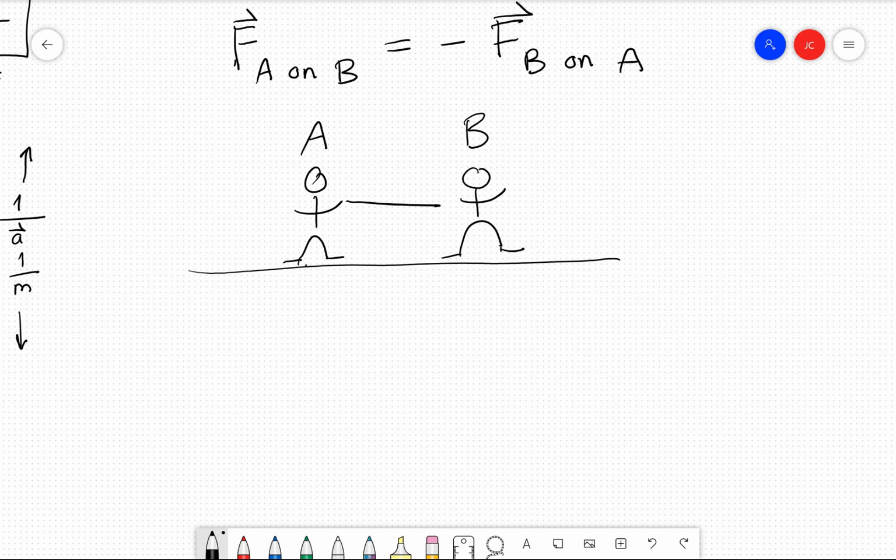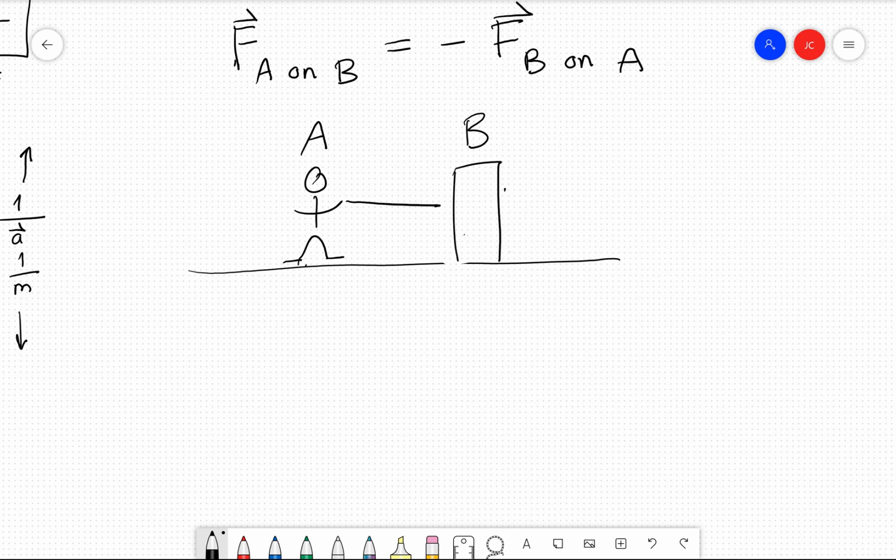He's pushing on person B, but because he's doing an action force, there is going to be a simultaneous reaction force that is equal in magnitude but opposite, which means he's going to get a force back which is equal. Now, this might not be super obvious when you have a person, but it will definitely become obvious if you take person B away and replace him with a wall.